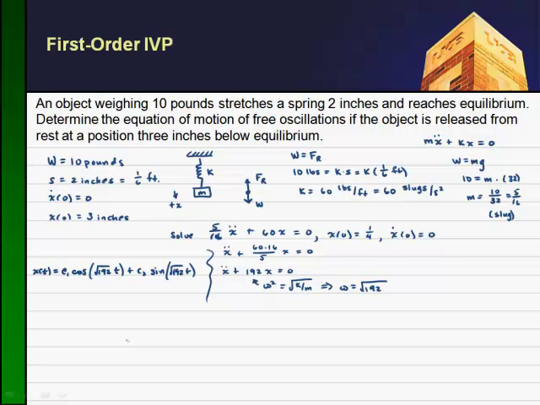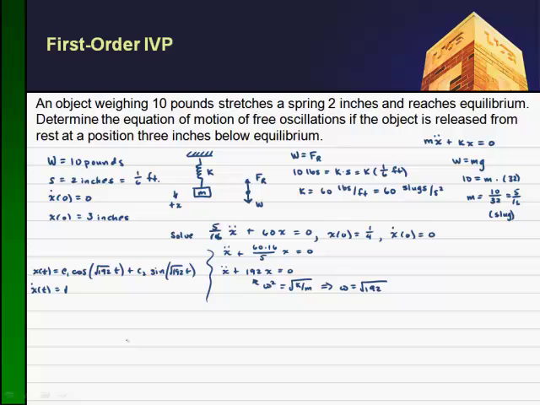I have a condition on the position function that I can impose now, but let's first find the velocity, because I also have a condition on the velocity. So x dot of t, or dx by dt. Taking the derivative of the first term, I have a cosine, so I use the chain rule. That turns into a minus sine, and the chain rule brings out the square root of 192.